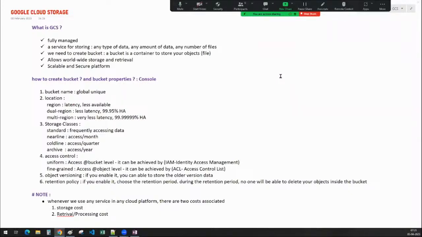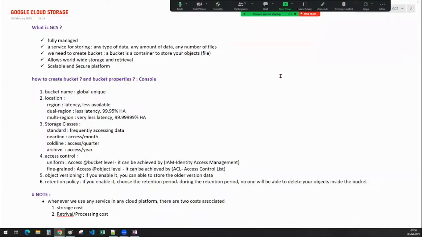If you remember, yesterday we discussed the introduction of Google Cloud Storage. What is Google Cloud Storage, guys? Google Cloud Storage is a fully managed service. Fully managed means all the resources required for managing, storing, and retrieving the files will be taken care of by GCP itself.